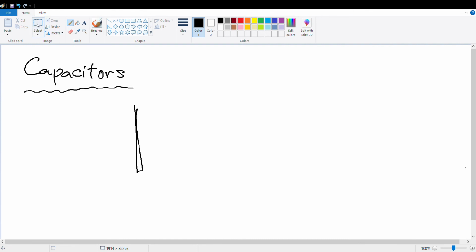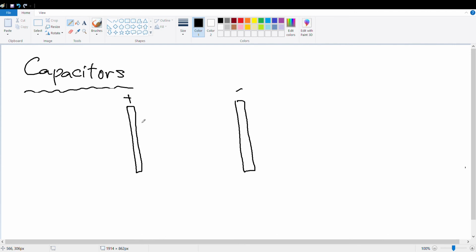Let me draw it more accurately. So this is my first plate, and this is my second plate. This is positive and this is negative.